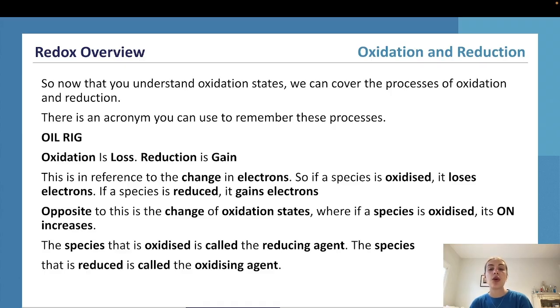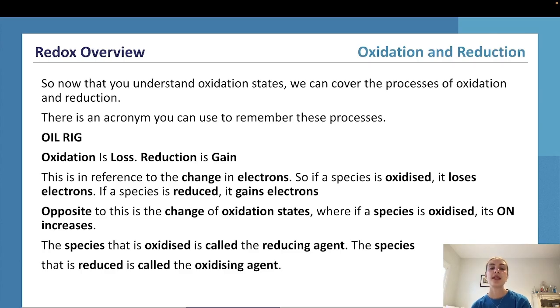So if a species is oxidized, its oxidation number is going to increase. So for example, you have something with a 2+ oxidation number and it becomes oxidized, it's lost electrons. If it's lost 1 electron, it will then become 3+, and that's because we remember that electrons have a negative charge. So if you're to take away an electron, that means you're taking away negative charge, giving the element a more positive charge.